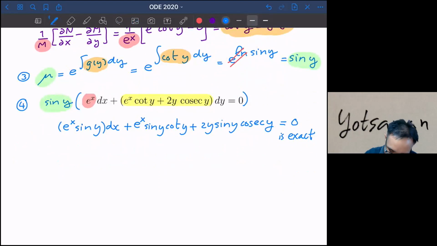And I forgot dy, sorry. I have dy equal to 0.